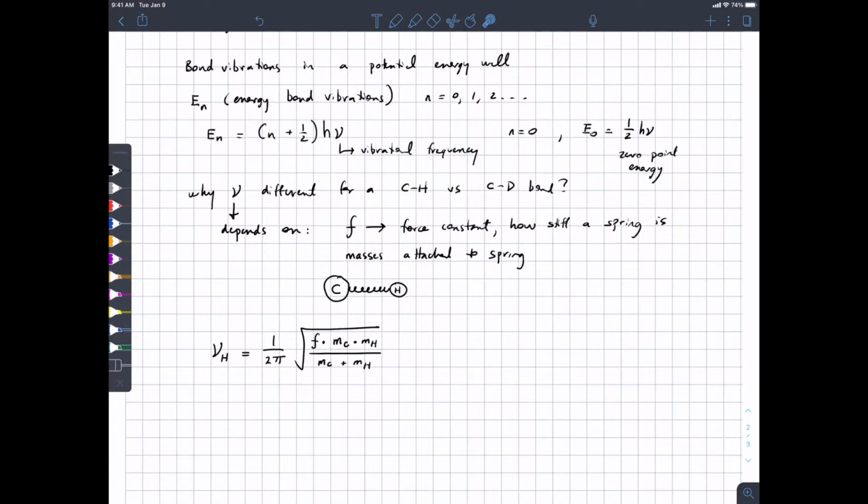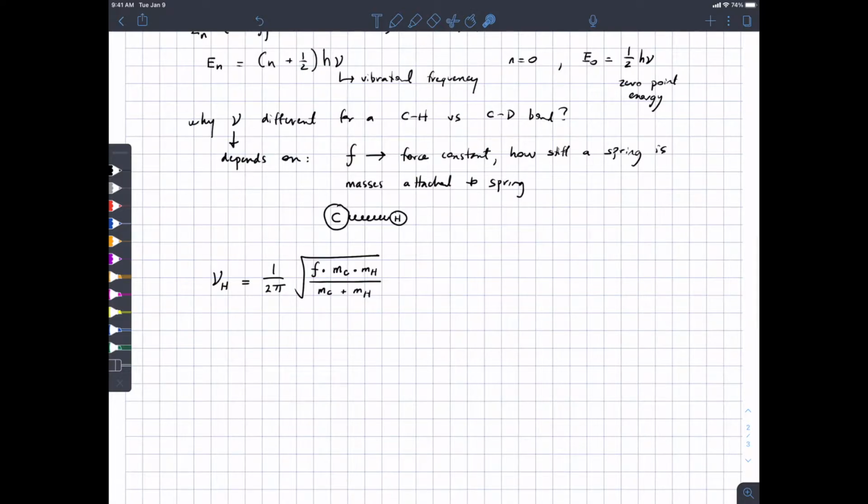So now let's do the same thing for deuterium. And the force constant we'll assume is the same, mass of carbon times mass of deuterium divided by mass of carbon plus mass of deuterium. Okay?